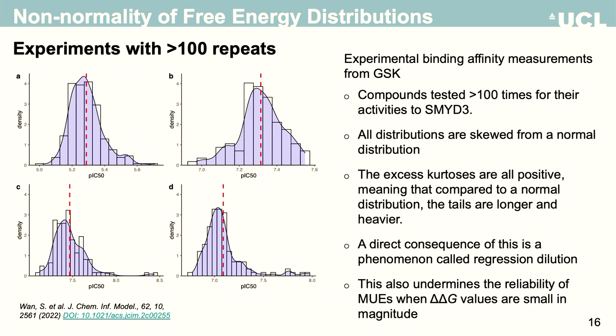Anyway, there was discussion yesterday, I think it was, about non-Gaussian distributions, which we've been seeing for quite a while, because I repeat that if you run ensembles, you get lots of data, you build a distribution out of it, and then you can see what the free energy distribution looks like. So we made some predictions in work we were doing with GSK, and I might show you those in a moment.